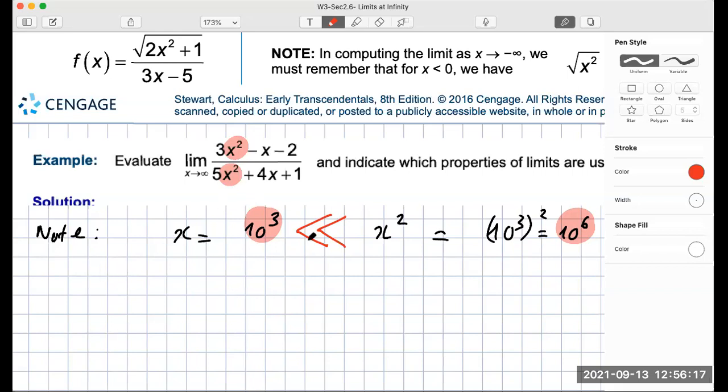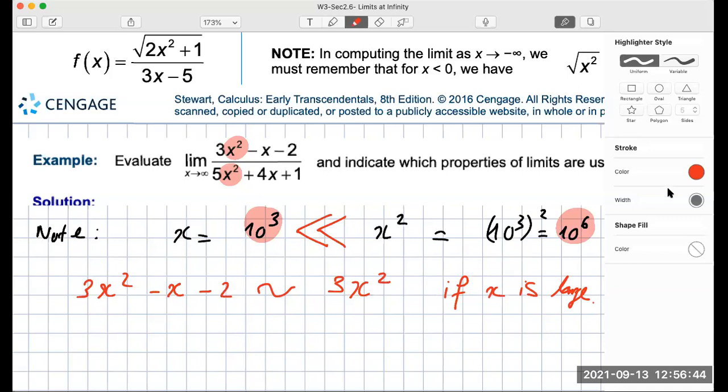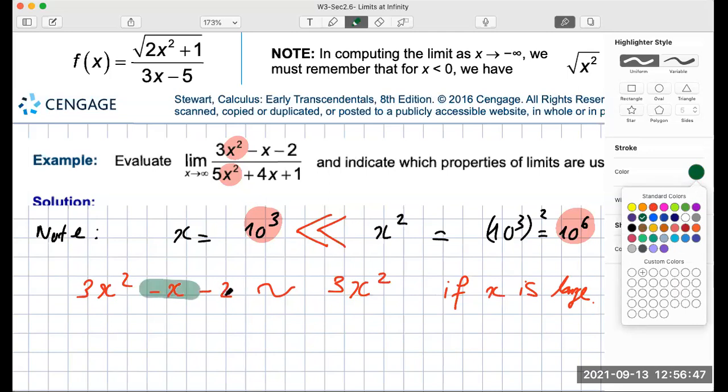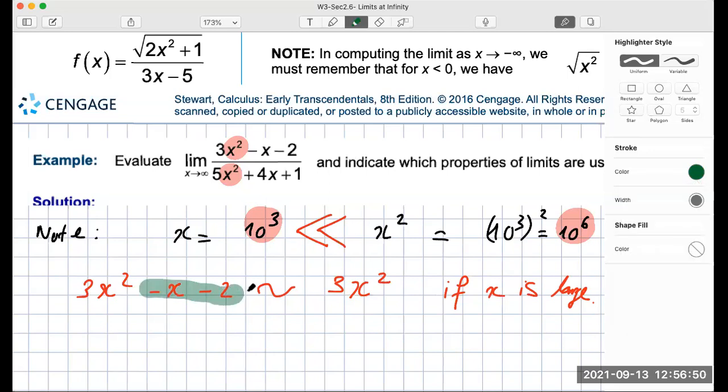It means that even here in this case, 3x squared minus x minus 2, when x is very big, it is somehow similar to 3x squared. Right? Similar. So these guys, we can ignore them. They become very small. Okay. So that is why for these, we only care about the highest degree of the numerator and the denominator.